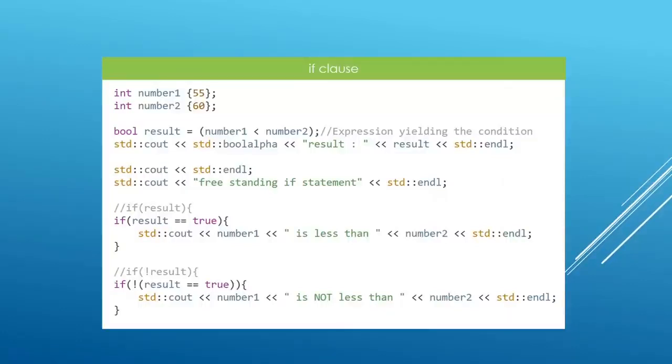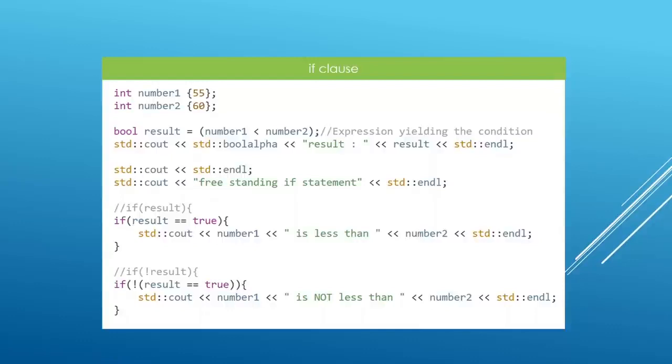Again, the if statement is used to do conditional programming. This is the syntax we use to do it in C++. We say if, we put a set of parentheses, and inside the parentheses, we put the condition we want to test for. And after that, we're going to have a pair of curly braces. And what we have inside these curly braces is going to be the body of our if statement.